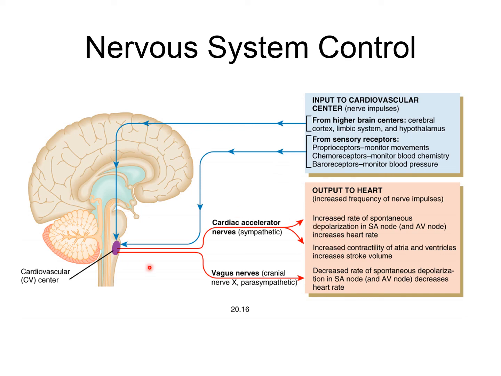Otherwise, if these conditions are normal, then the medulla oblongata will not send a signal to the heart to either decrease or increase the heartbeat. It will be beating at a normal rate. So the heart in normal condition is not requiring any input from the nervous system.